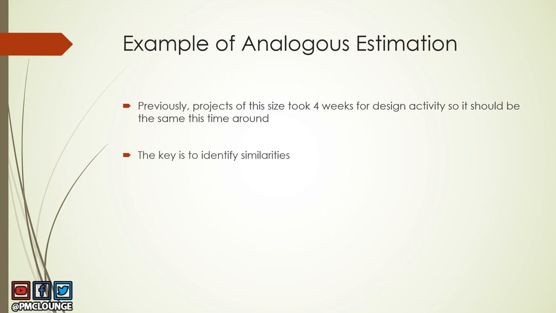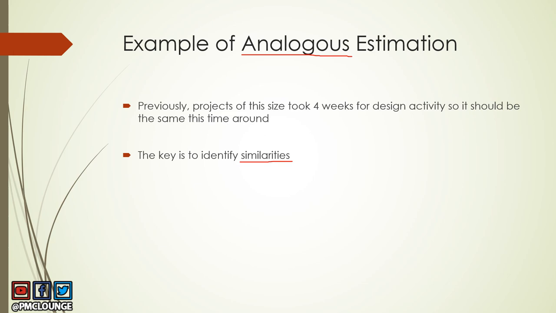Now the key here is to identify similarities. You cannot look at a previous project which has no similarity with the current project and then make any kind of estimation. Remember, the word analogous comes from analogy, and you have to draw comparisons. If you have to draw comparisons, you have to look at similarities.